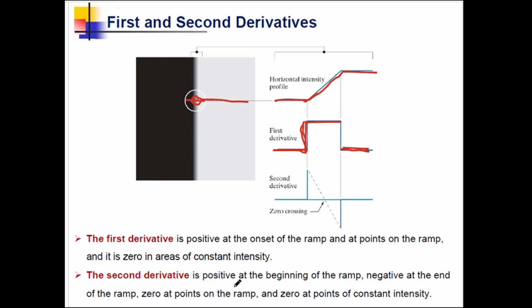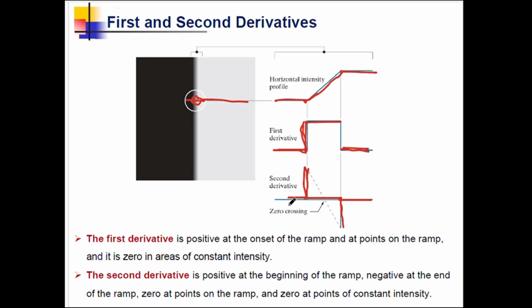Yes, the second derivative is positive at the beginning of the ramp. See, this is the beginning of the ramp, so it is positive. Negative at the end of the ramp. So this is the end of the ramp, so this is negative. 0 at points on the ramp. Yes, on the ramp it is 0. And 0 at points of constant intensity.